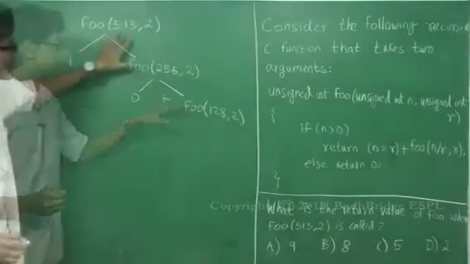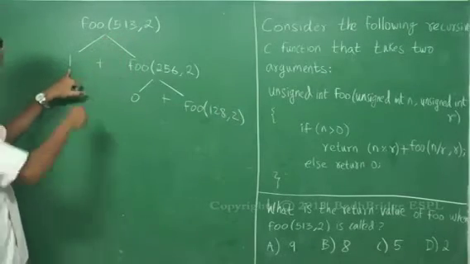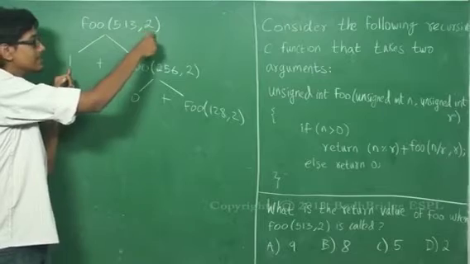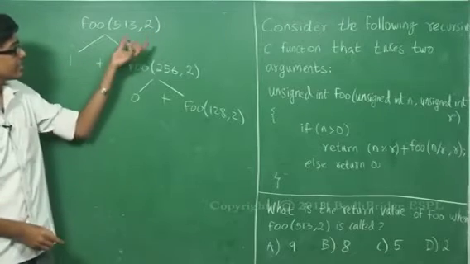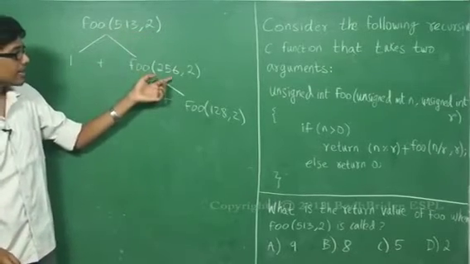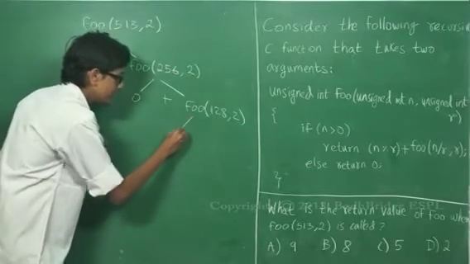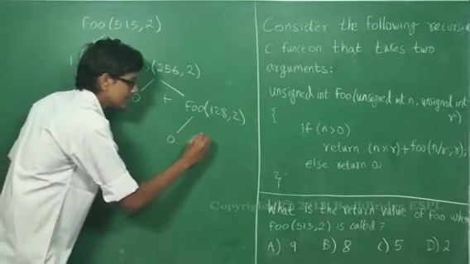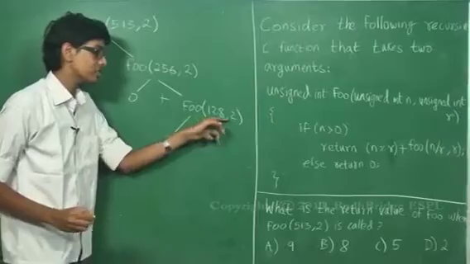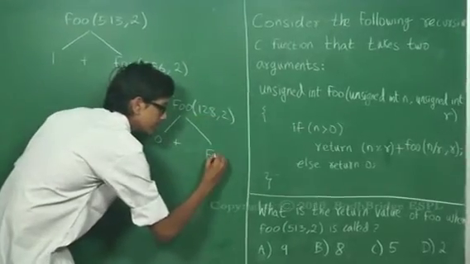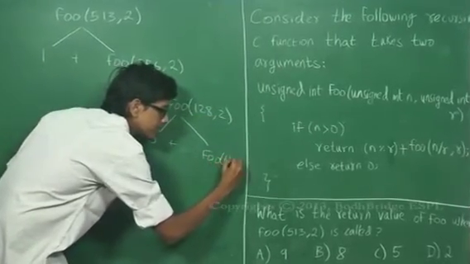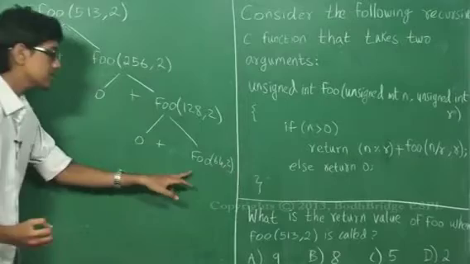So this goes on. Basically we see we have to get the remainder when this is divided by this. We get the remainder and then we divide this by this and r is 2 always. So basically the next step will be 0 plus foo of 64, 2.